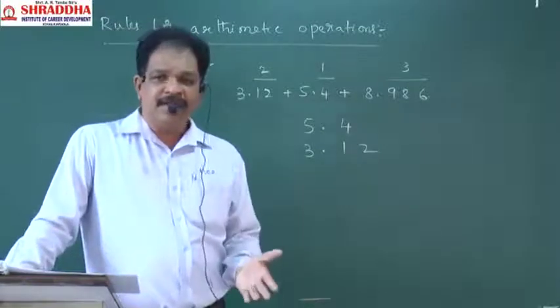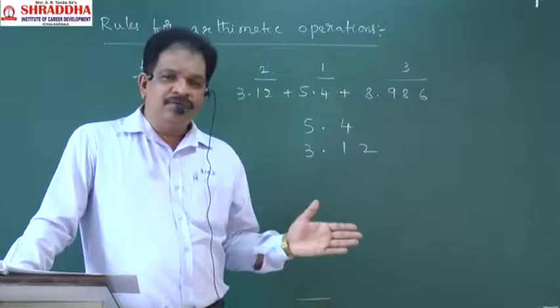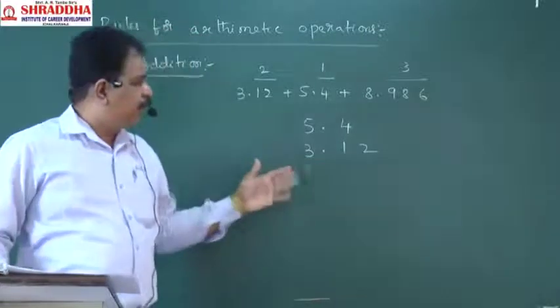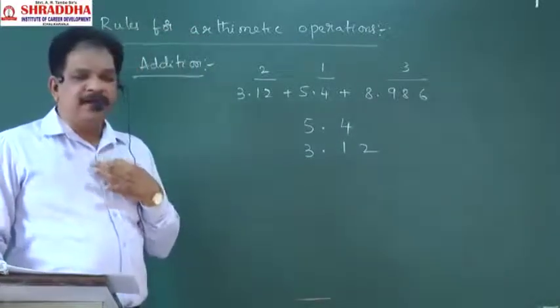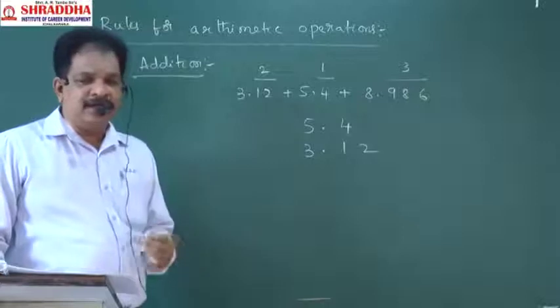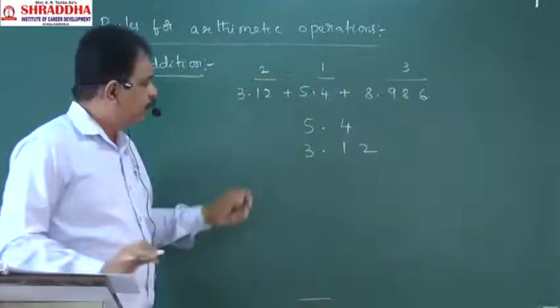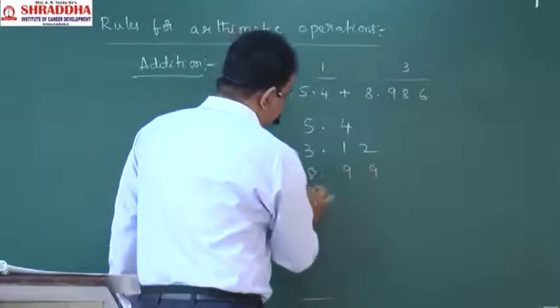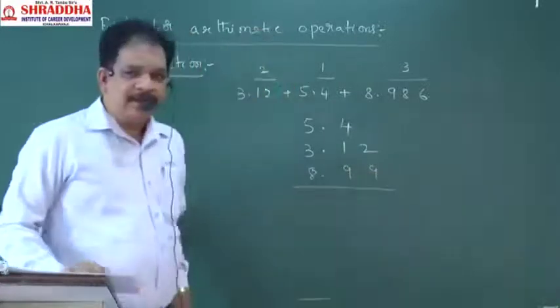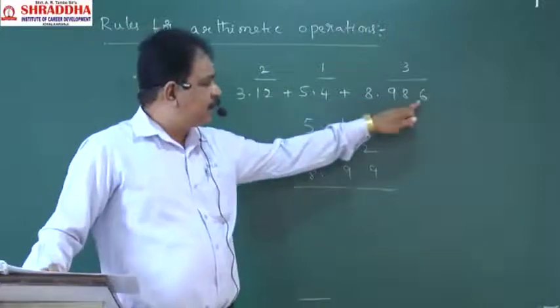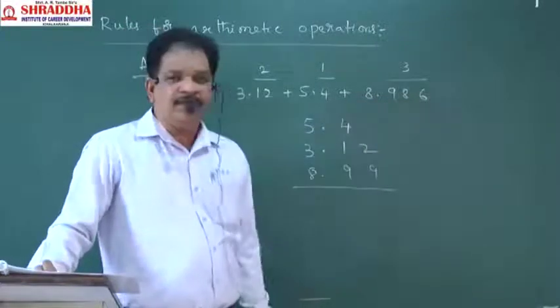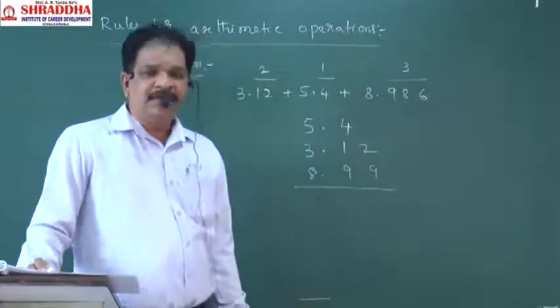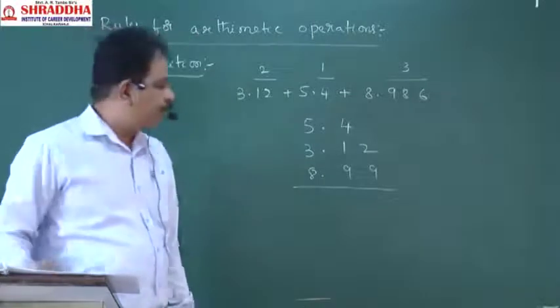If the discarding digit is less than 5, no need to do anything with the previous digit. There are other rules as well. So here this is 8.99. If I discard 6, this 8 will become 9 because 6 is greater than 5.